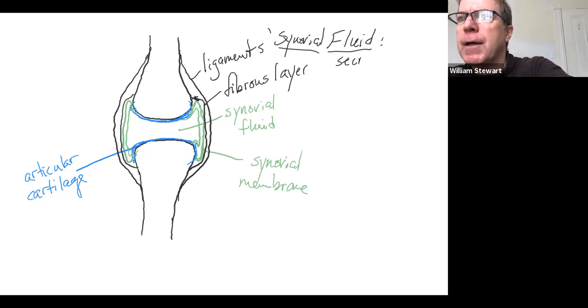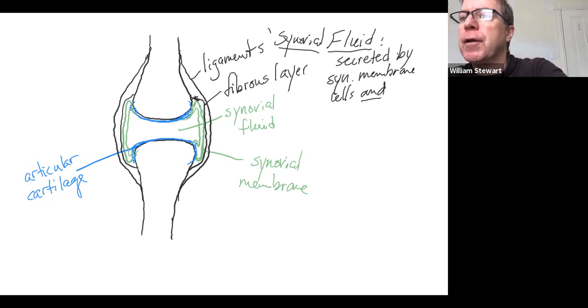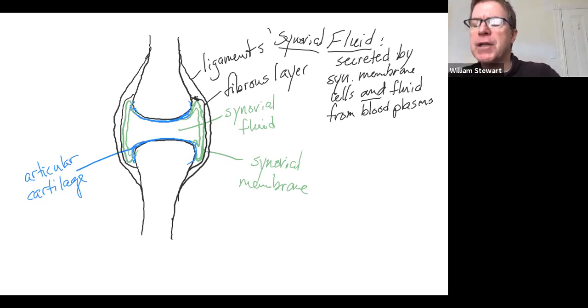I'm just going to write secreted by synovial membrane cells and fluid from our bloodstream, from blood plasma. It's really from capillaries in that area. So that's where the fluid originates.